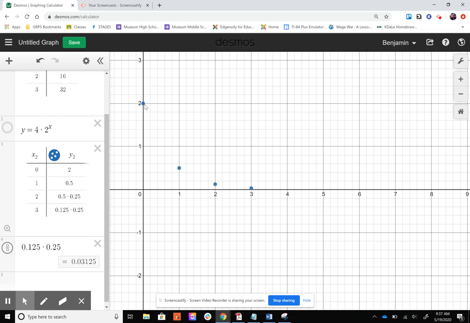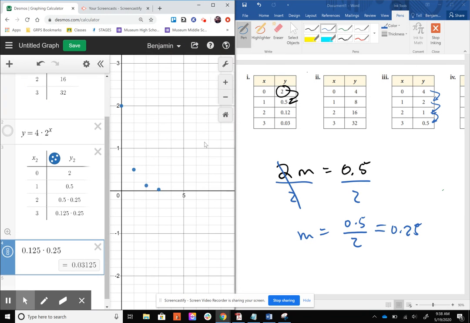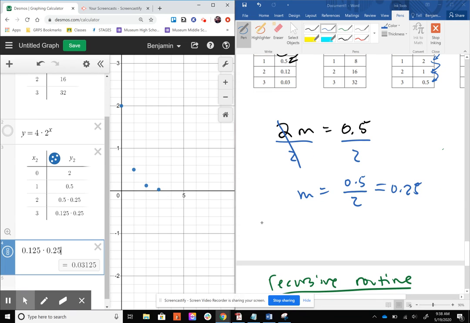There we go. So starting value, and then we're decreasing. We know our multiplier. We know our starting value. So I can write an exponential function, right? So starting value is 2. Multiplier is 0.25.